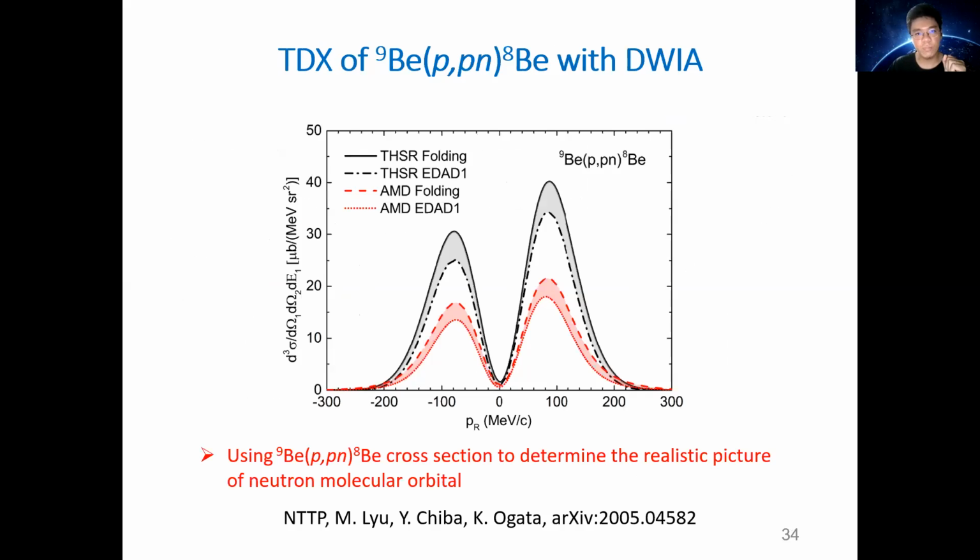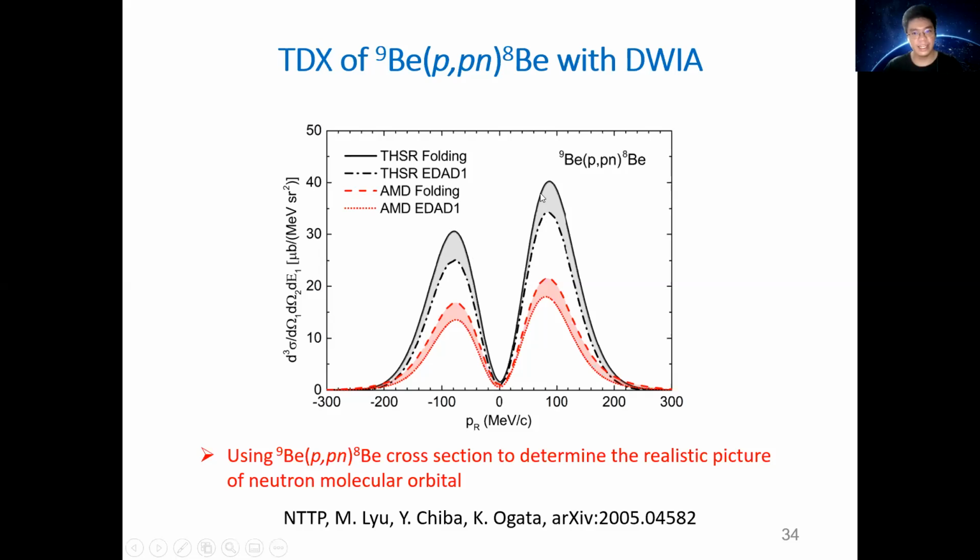What we found is that if you use the (p,pn) reaction on beryllium-9 with DWIA, you can see very clear distinctions in terms of magnitudes when looking at the TDX cross-section. This TDX, of course, we try to obtain in quasi-free conditions, as I mentioned before.